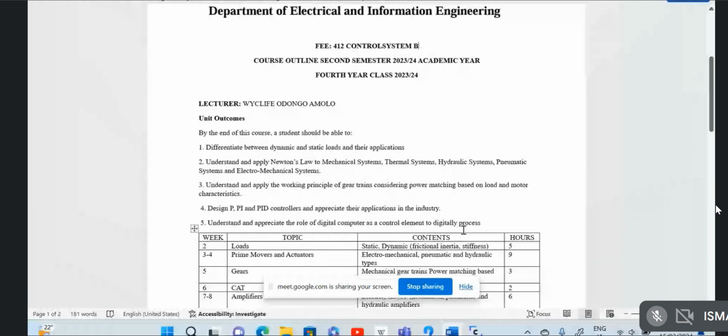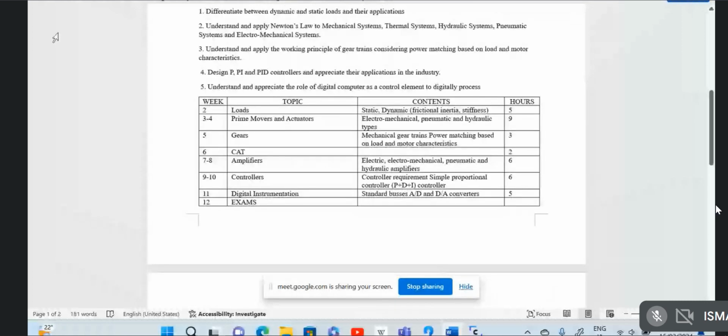So topics will run from week 2, and week 2 will cover objective 1. Then weeks 3 and 4 will cover the electromechanical systems, pneumatic and hydraulic systems.